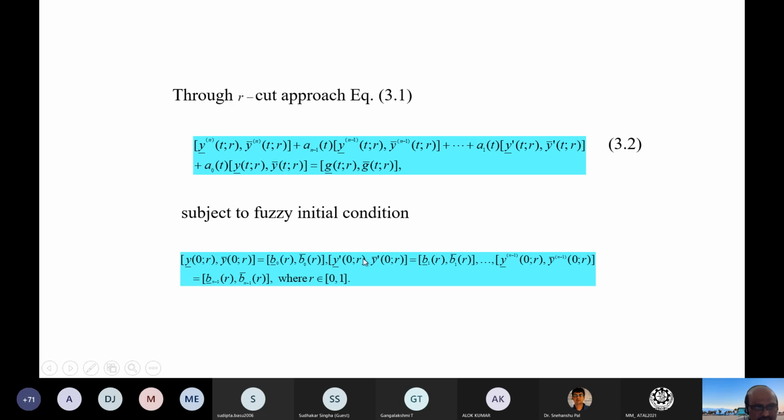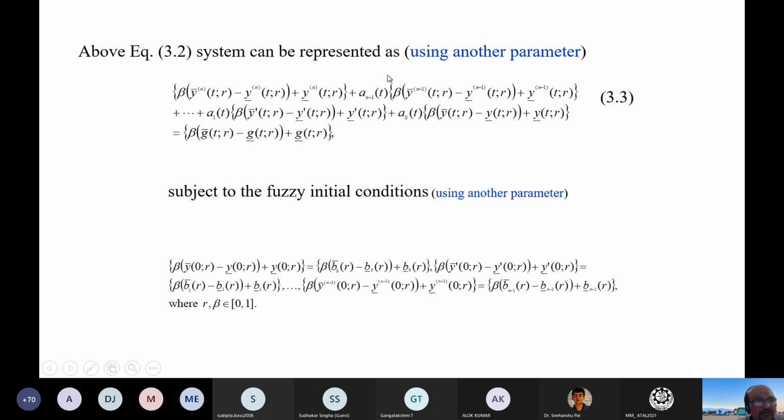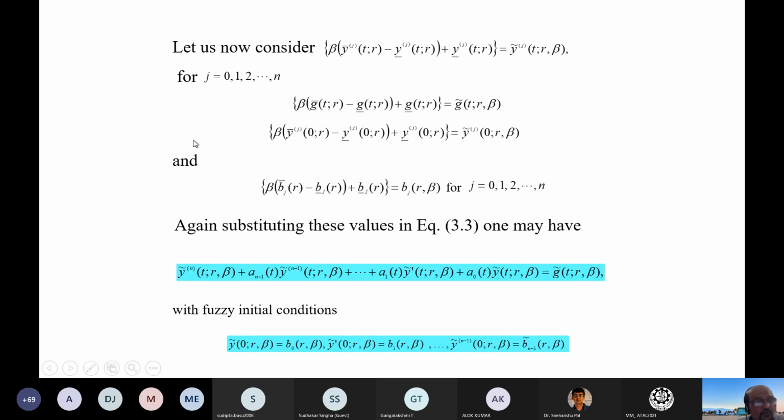So I have in all these initial conditions this R form, meaning B0 lower R, B0 upper R, etc. So again, introducing another parameter beta, I can convert the differential equation, and subject to the fuzzy initial condition using the same parameter beta. So I'll have this. And remember, R and beta belong to 0, 1, not 0 and 1, the closed set 0, 1.